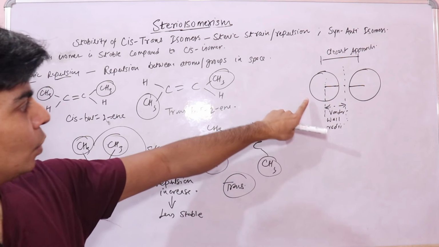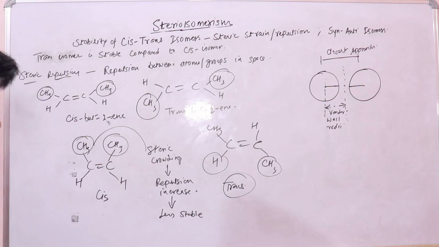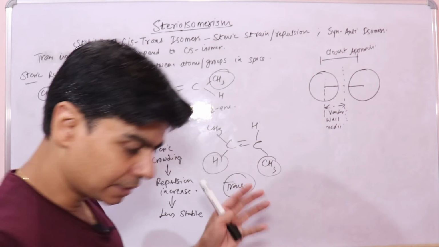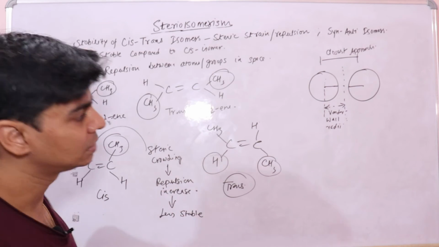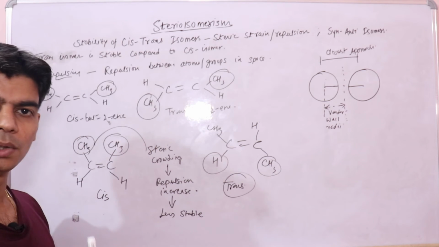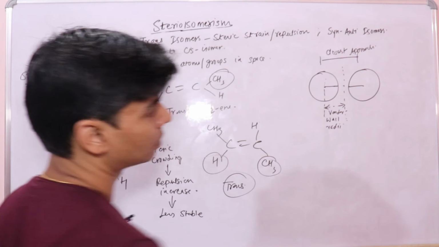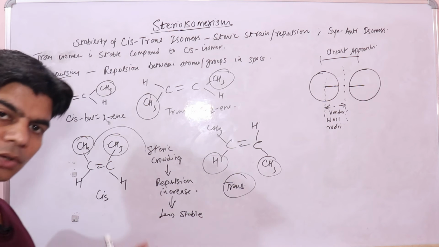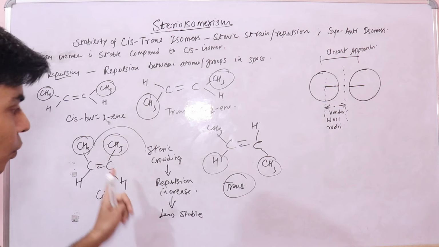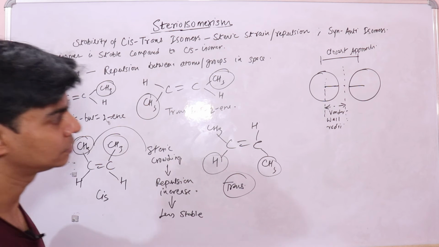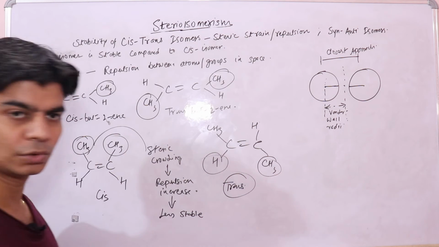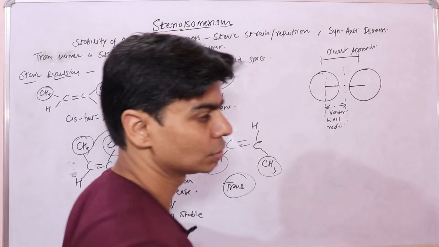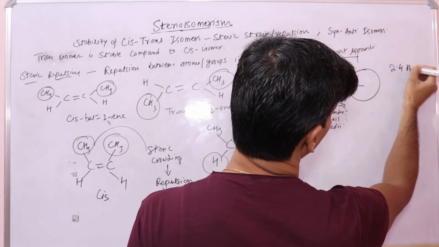When two atoms are at a distance less than or equal to the van der Waals radii, they will undergo steric repulsion, or steric crowding. For example, for the hydrogen atom, the distance of closest approach is 2.4 angstrom.